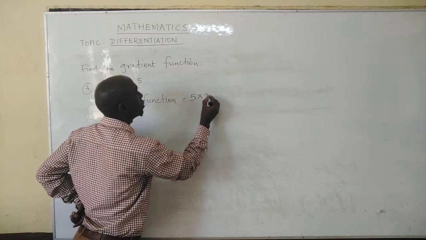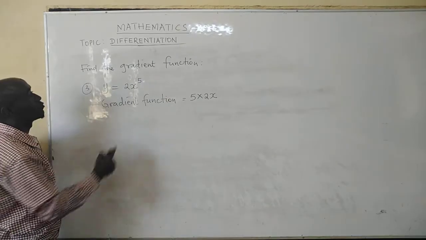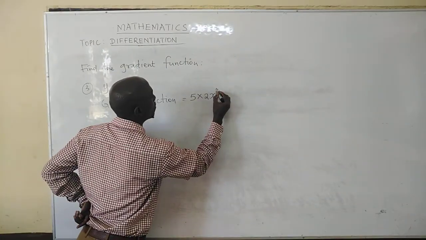Gradient function is, we are going to use the same formula, drop the power, but now we have a number here before x. So what shall we do? We shall multiply that 5 by 2x. So it will be 5 times 2x. Then the x is raised to power 5 minus 1.